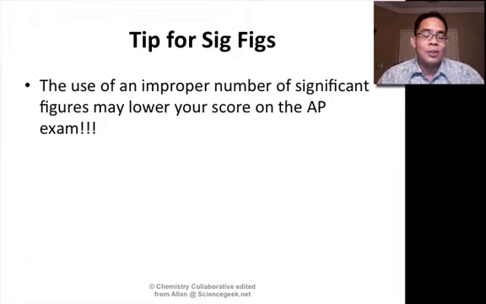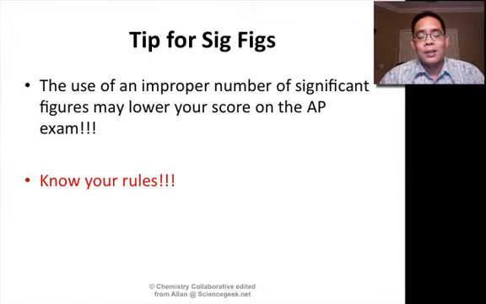And it's interesting, the way they've designed the AP exam now is that one particular problem on the free response exam is going to be graded for sig fig rules. And you don't know which one it's going to be. So you better follow sig fig rules for all calculations, because you never know which one they're going to grade for sig figs. And just know your rules.